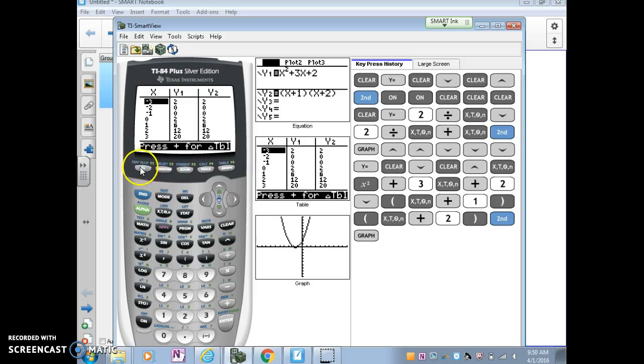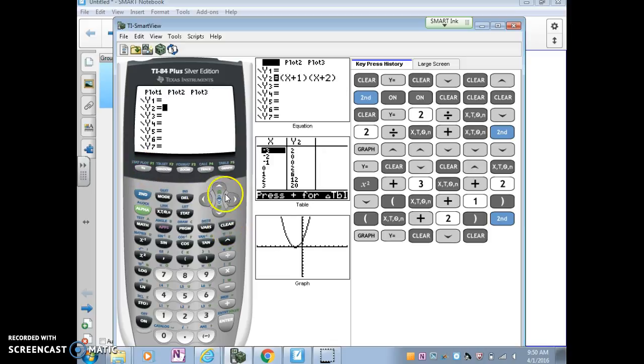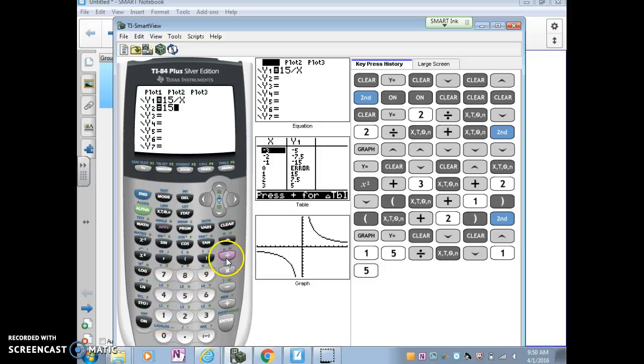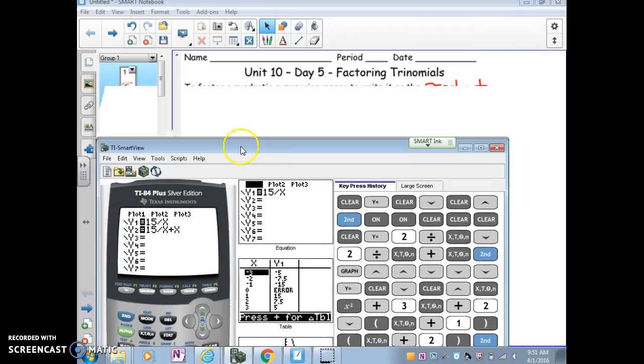You should be following along and doing the same. 15 over x, and then 15 over x plus x. What this is going to do is show us numbers that multiply to give us 15. Has a few more than 2.